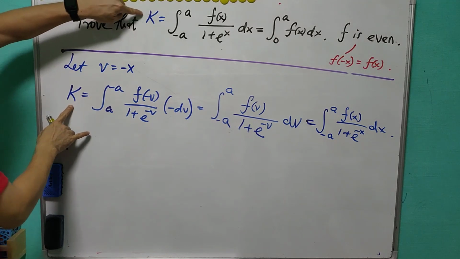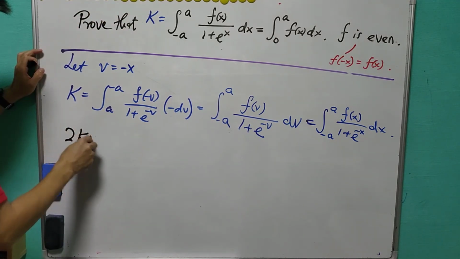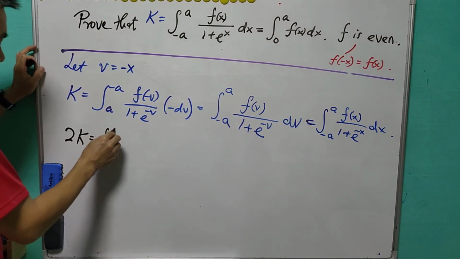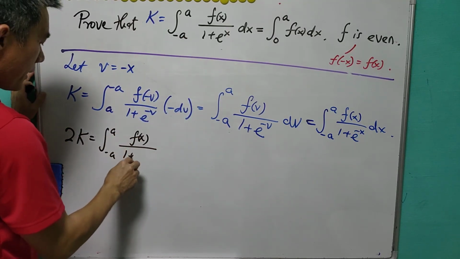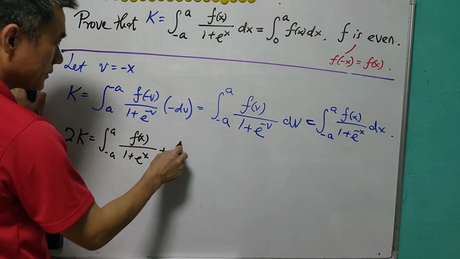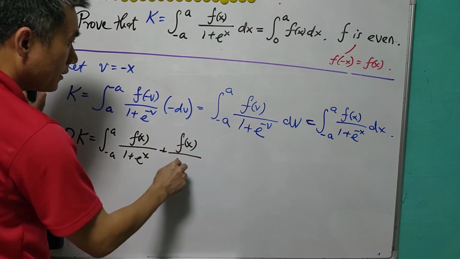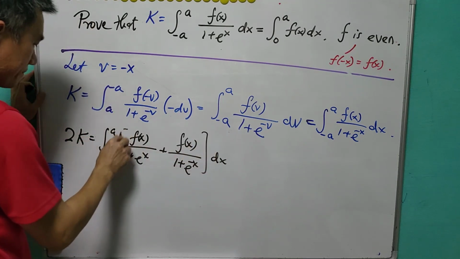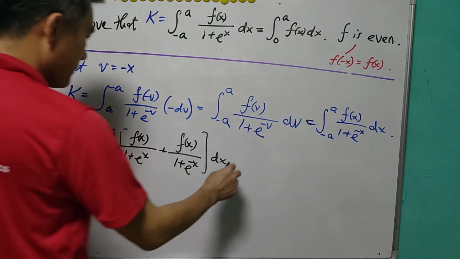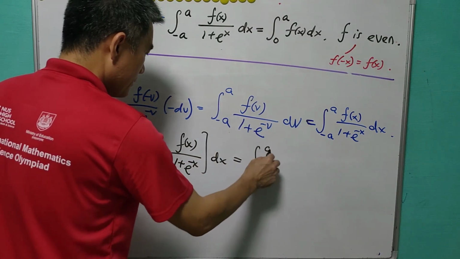Now we can sum these up. So 2K will equal the integral from negative a to a of f(x) over 1 plus e^x plus f(x) over 1 plus e to the negative x dx. Okay, negative a to a.